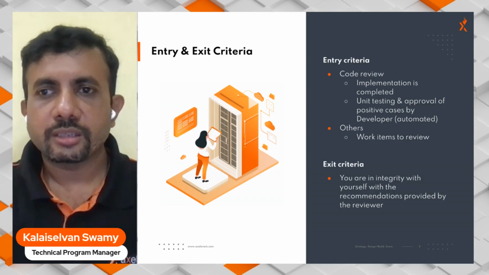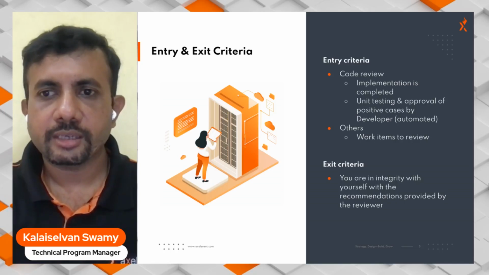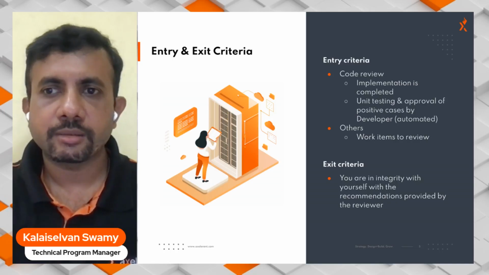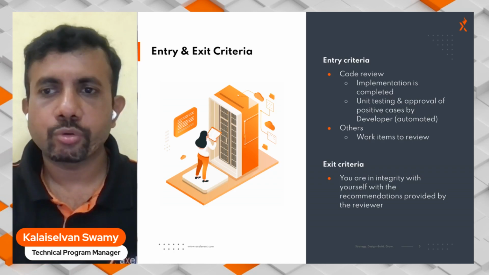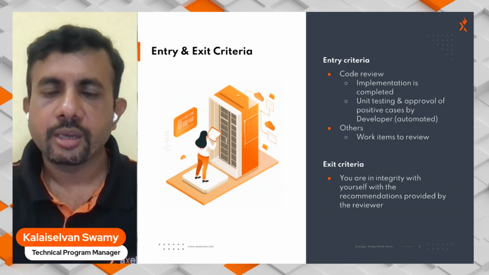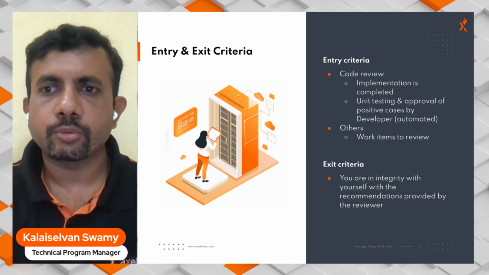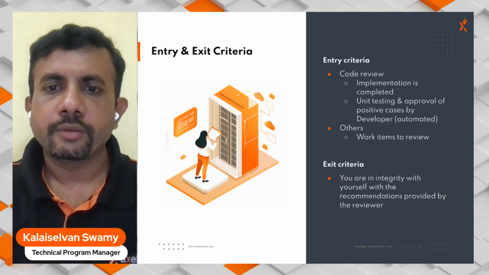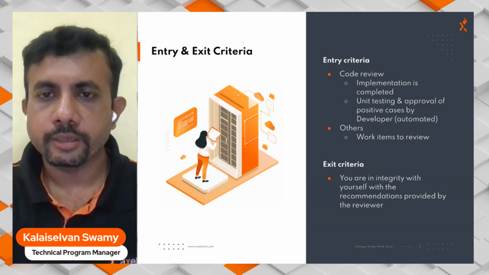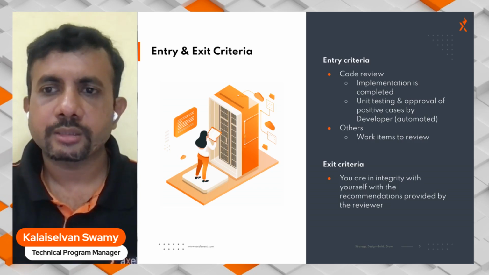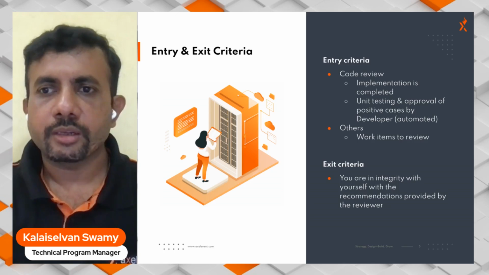Though I told you there might not be much entry and exit criteria, this is the very basic minimal requirement for you to do a review. If it's a code review, then it's important that the implementation is completed, and unit testing and verification of the positive cases is done by the developer, which also needs to be automated, so that the developer need not ask the QA to do testing even before.